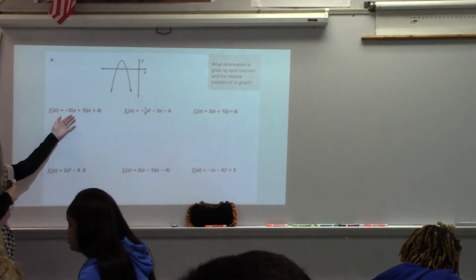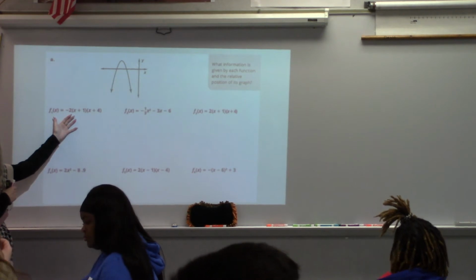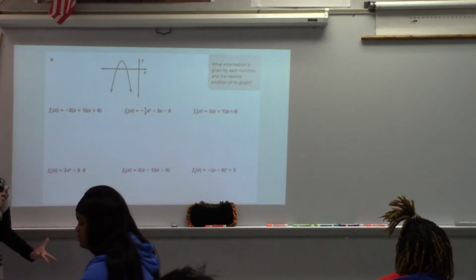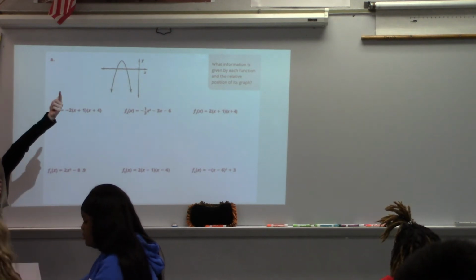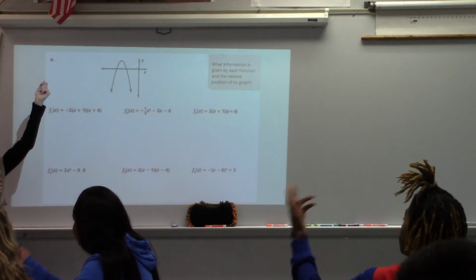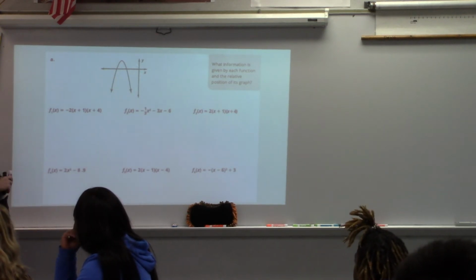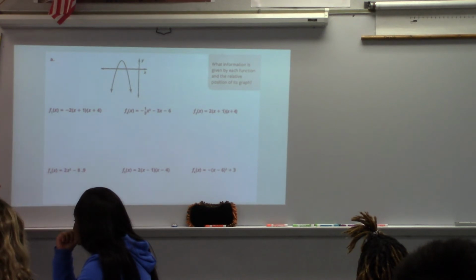What form is this written in? Factored form. Factored form tells us the x-intercepts and the a, the concavity.